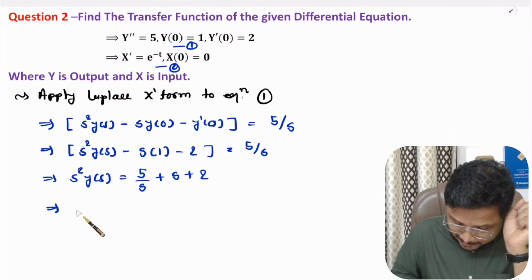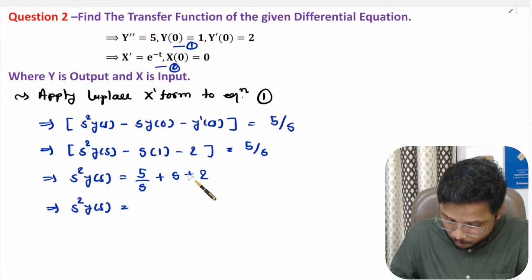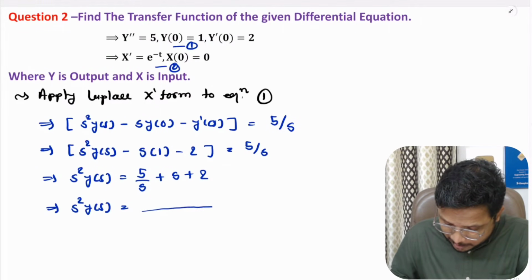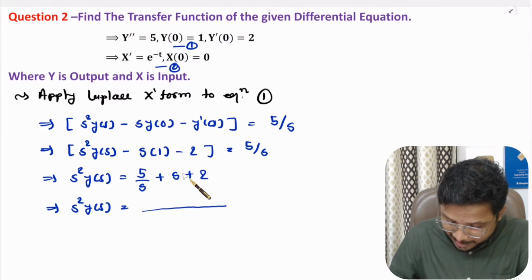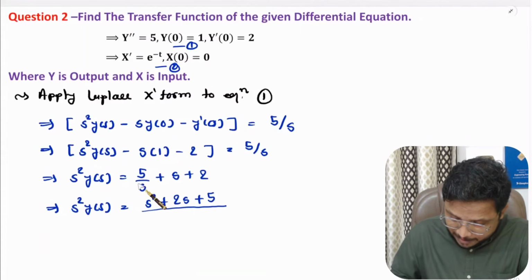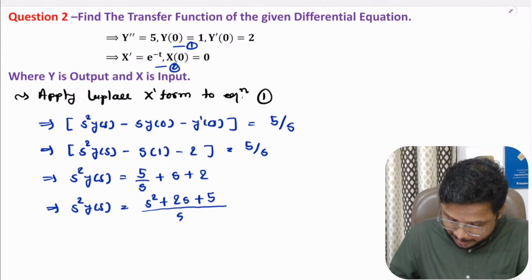Now let us take the LCM. So for s square into Y of s, if you take the LCM over here, then in the numerator we will have s square, then 2 times s, and here we have phi. Right. And divide by s.